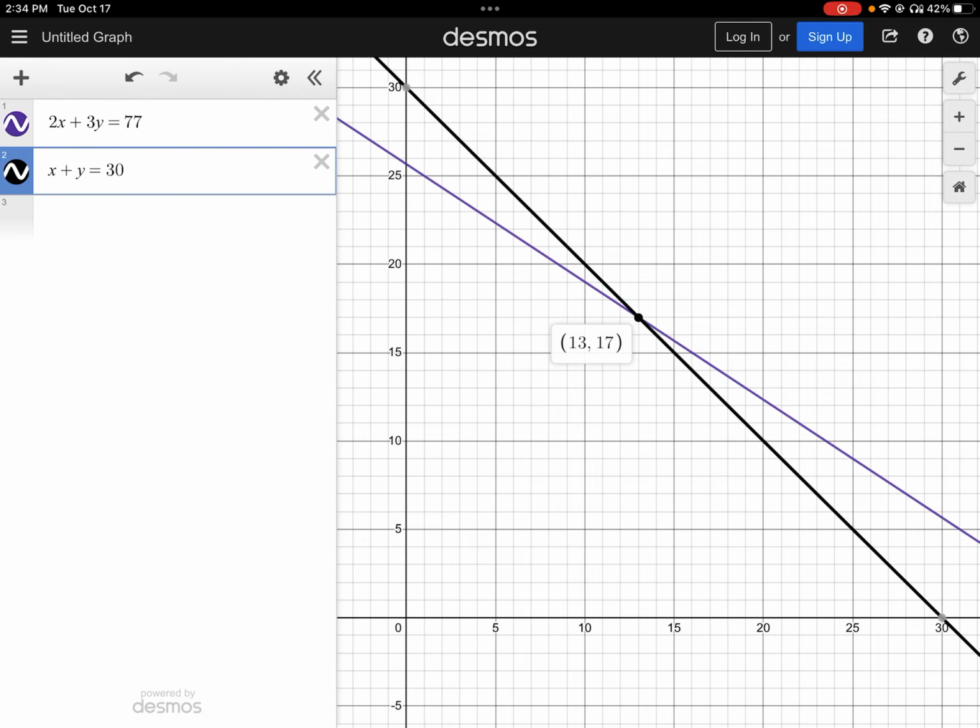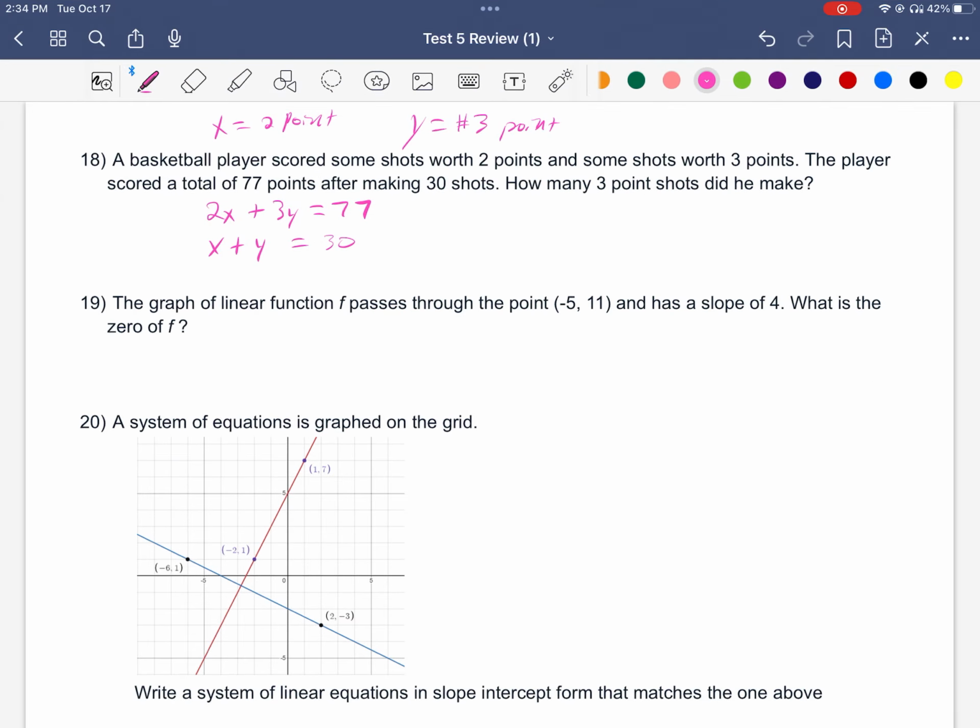So 13 comma 17, what that tells me, x is 13 and y is 17, that this basketball player made 13 2-point shots and 17 3-point shots. And so the question was how many 3-point shots? 17.